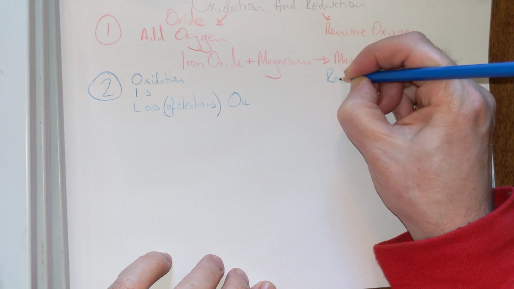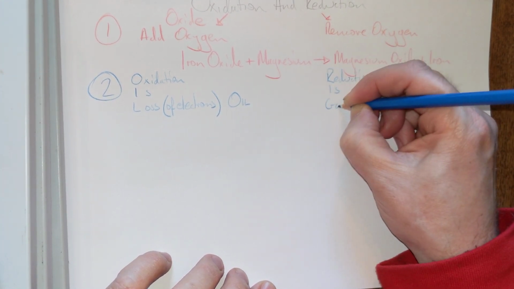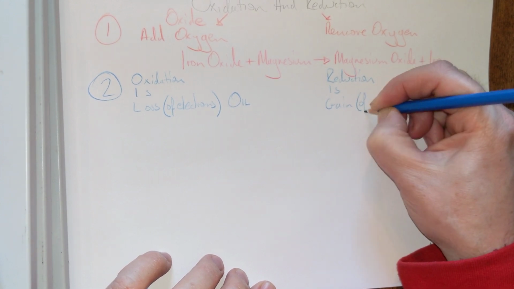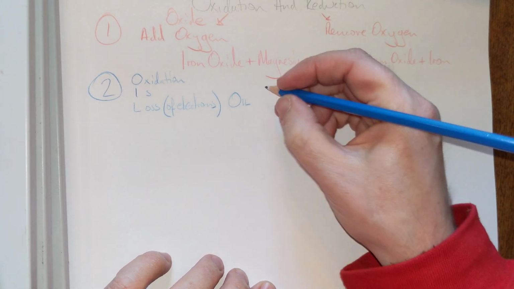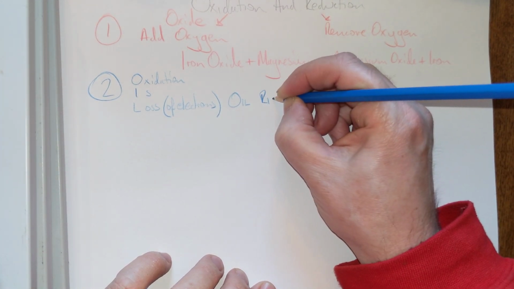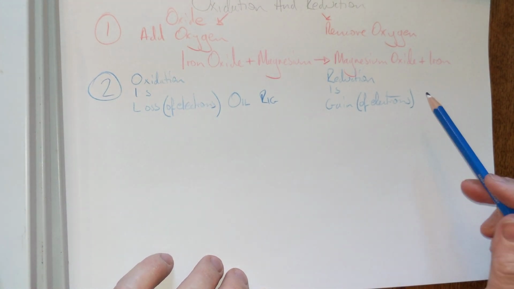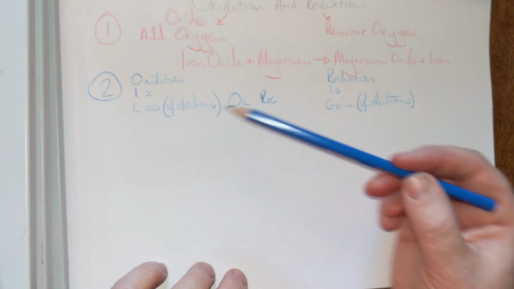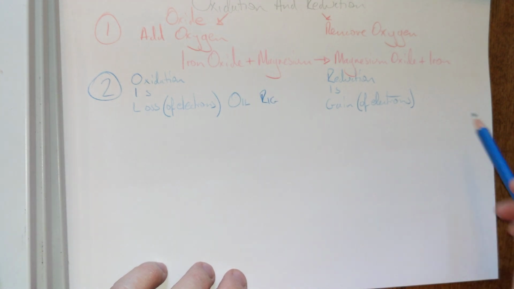Reduction is gain of electrons. And that spells rig. So in order to help you to remember what happens with the electrons in terms of oxidation and reduction, we've got this little mnemonic, oil rig.